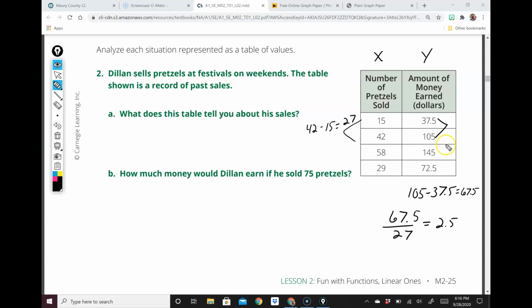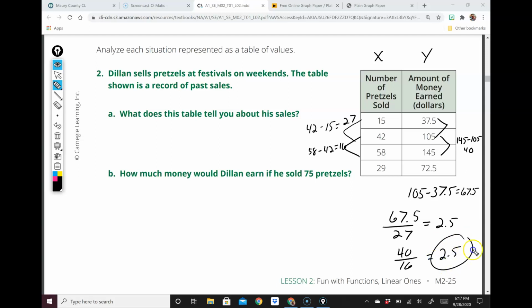So let's see if this works out again. If I do 145 minus 105, it gives me 40. Over here, if I do 58 minus 42, it gives me 16. 40 over 16 gives me 2.5 again.